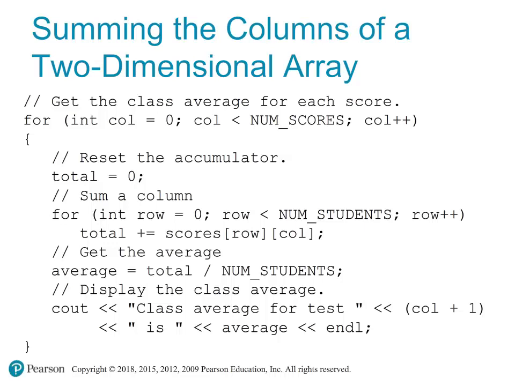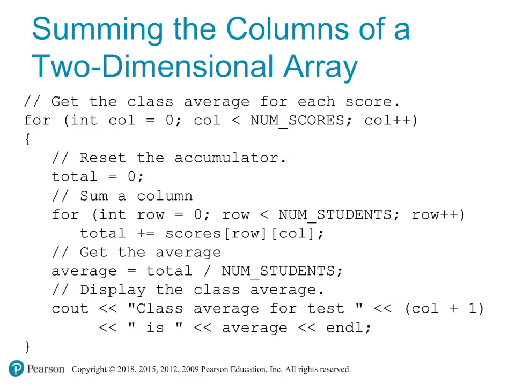The outer loop iterates over each test represented by columns in our 2D array. The variable col keeps track of which test, which is a column, we are currently processing. And the total we set to 0.